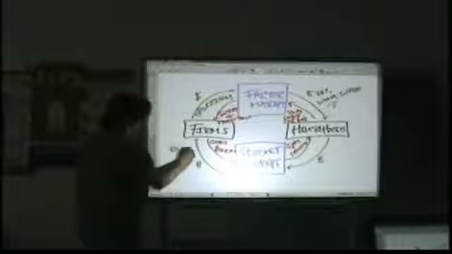Now, for the product market, the firm is providing goods and services and making revenue from that. So again, providing goods and services, getting paid. When the households purchase the goods and services, they spend money.